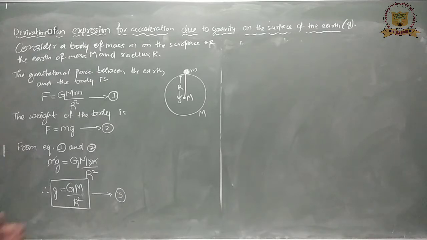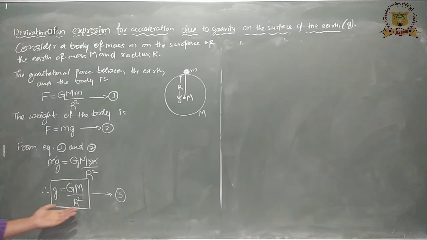And if you are considering some other planet, then the acceleration due to gravity of that planet depends on the mass of the planet and inversely on the radius of the planet.